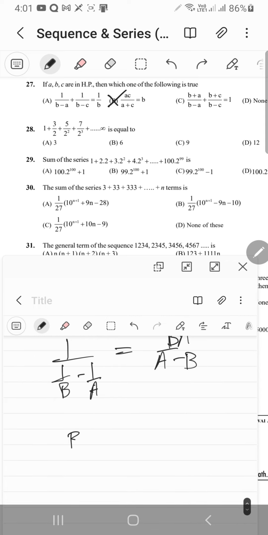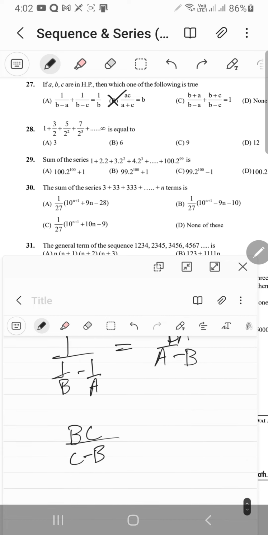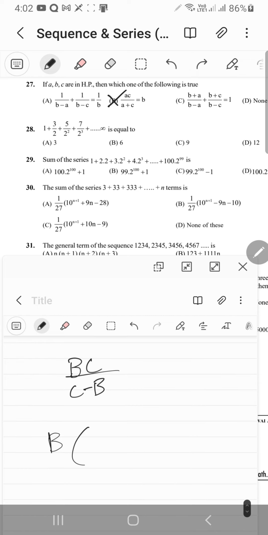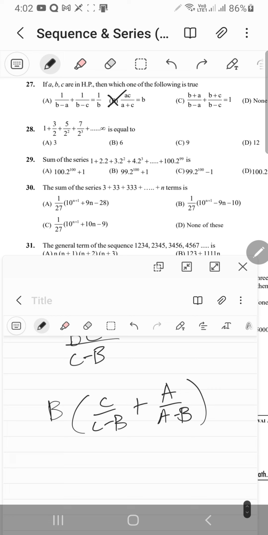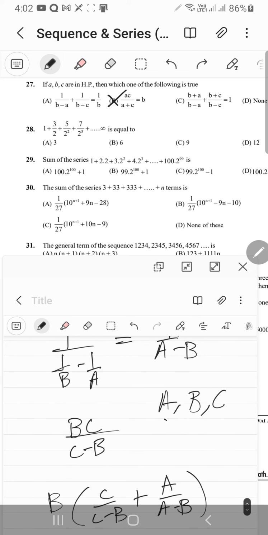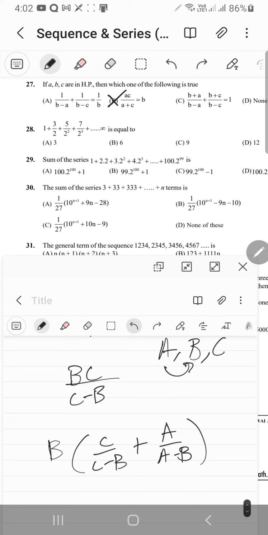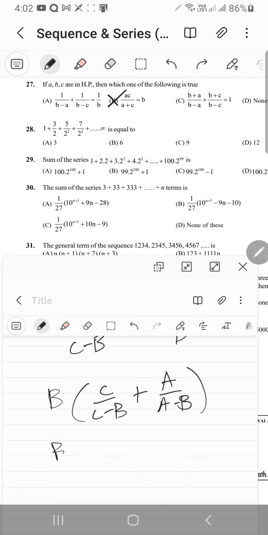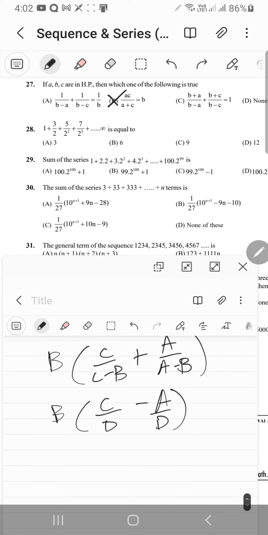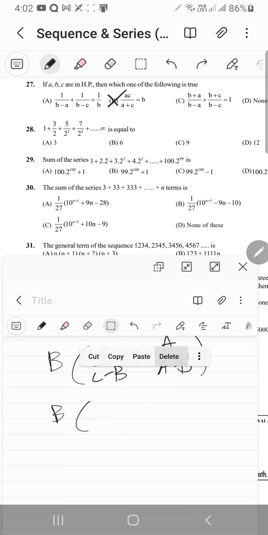Similarly, that thing will just be BC upon C minus B. So when you combine these, it's just B into C upon C minus B plus A upon A minus B. And you got A, B, C like this, and then just say this difference is D. B, and then C minus B will obviously be D. So C upon D, and this will be minus A upon D. But C minus A, that is just 2D, so this will turn out to be 2. This expression is just 2.